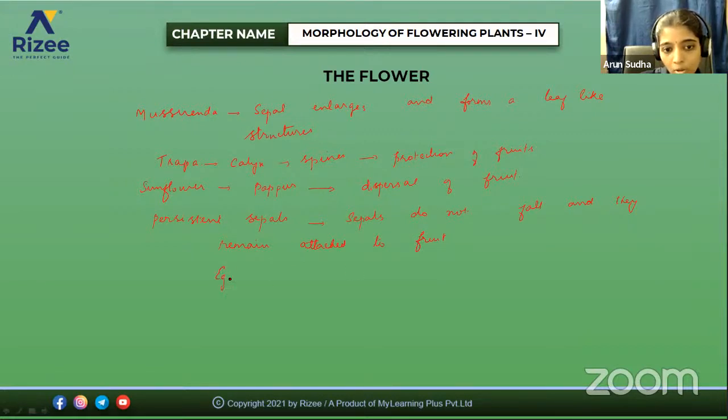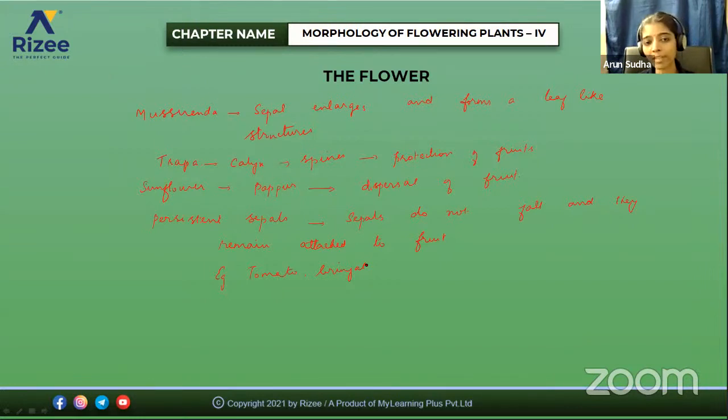Here the examples are tomato, brinjal, cotton, and many others. That is, the sepals do not fall and they remain attached to the fruit.